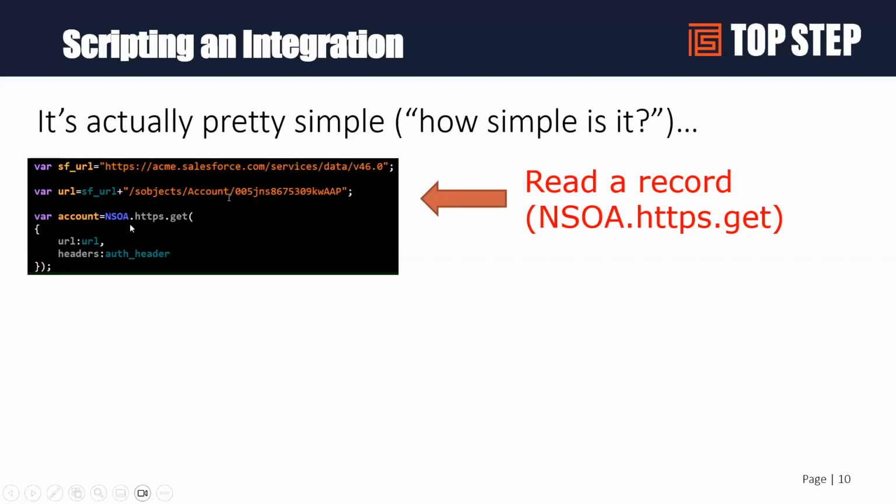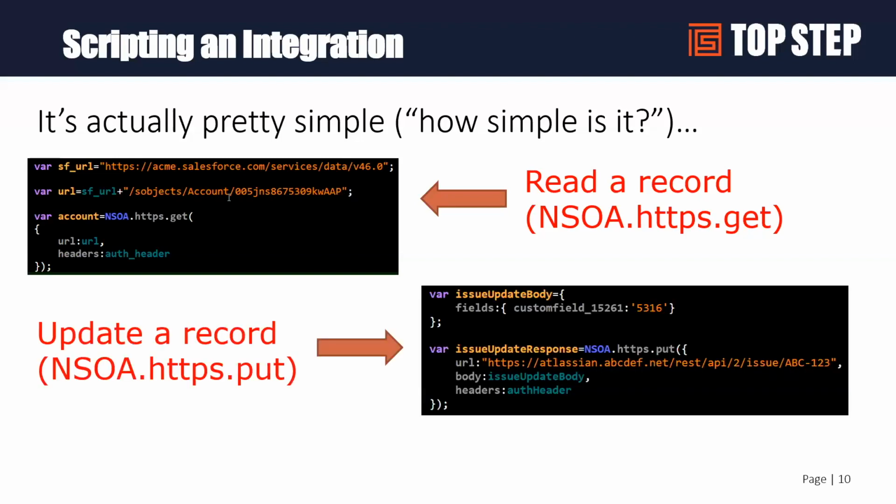Again, this is one of those functions within the OpenAir scripting engine that facilitates these types of integrations, so you don't have to try to build a connector from scratch. It knows what to do when you send it that GET. It connects to Salesforce and returns data. And that's a read. And right there is seven or eight lines of code to get that done.